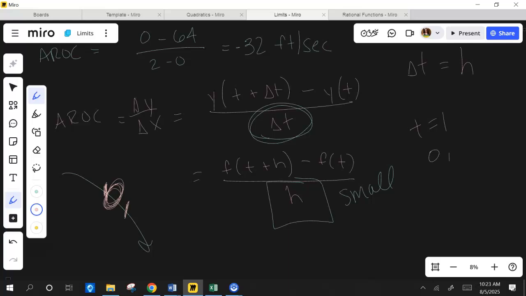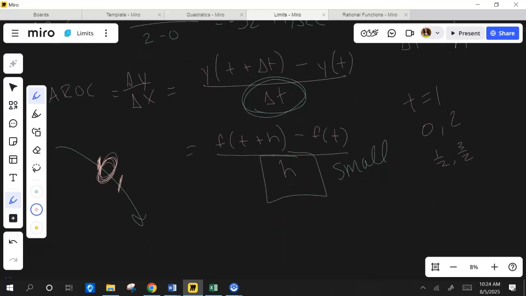Maybe I went between 0 and 2 to try to find it. But what if I could really shrink that area in? What if I could go from 1/2 to 3/2, and then I could shrink it even more so that I'm doing average rate of change from, I don't know, what's even closer, 0.1 to 1.1. But you see what I'm saying?